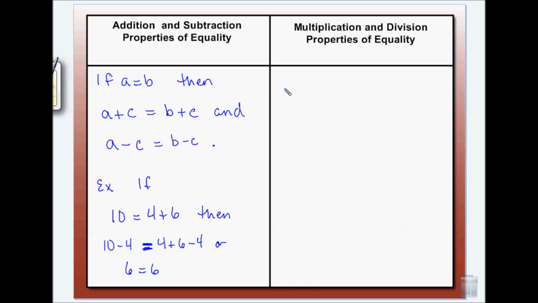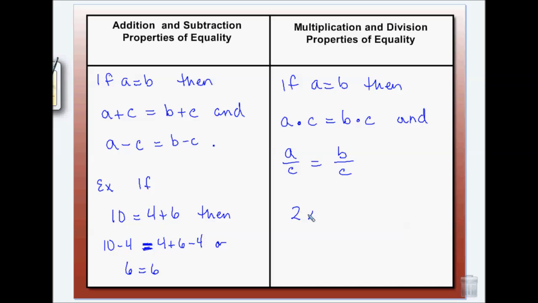Same with multiplication and division. If I have two things that equal each other, I can multiply by the same thing on both sides and they stay equal. Or I can divide by the same thing on both sides and they stay equal.